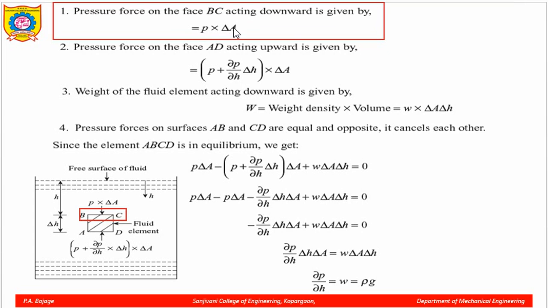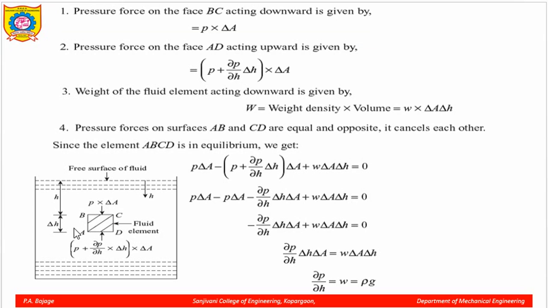It is P into delta A. Similarly, the pressure force acting on the face AD, as we have discussed, is P into the partial derivative of P with respect to H into delta H. Now, this delta H is nothing but the height of the fluid element, multiplied by the cross section area. The cross section area of that face is delta A. As this is a square element, the area will not change for this face and this face.